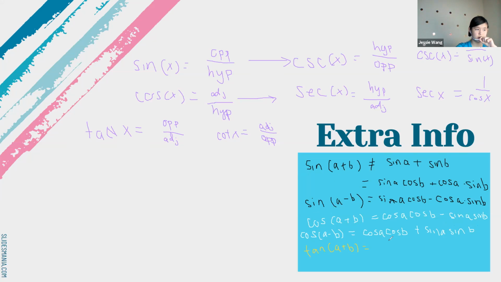So this is going to equal tan of a plus tan of b. And then this entire thing is going to be divided by 1 minus tan of a times tan of b.